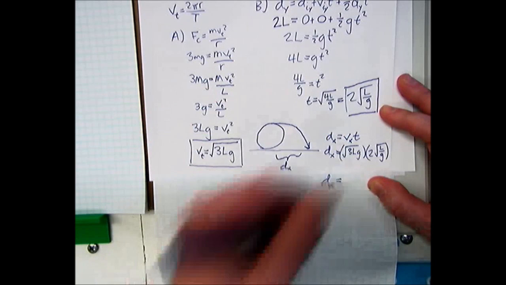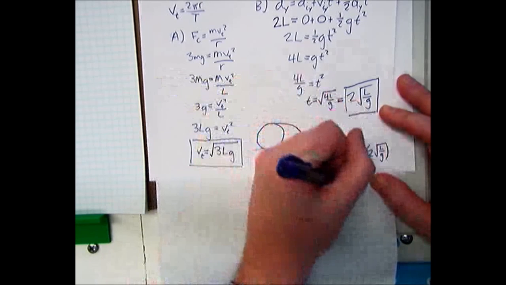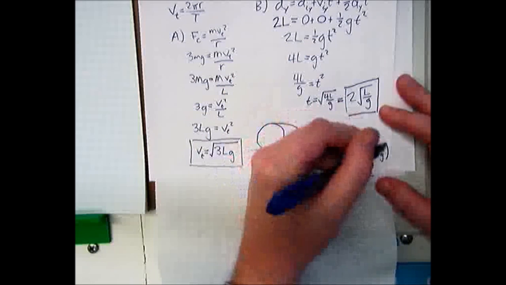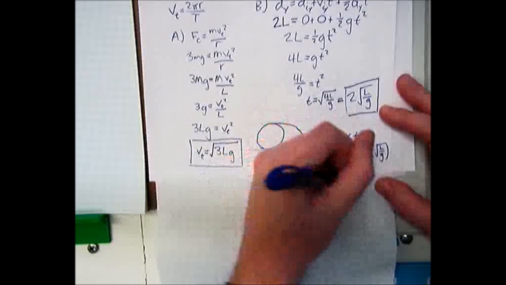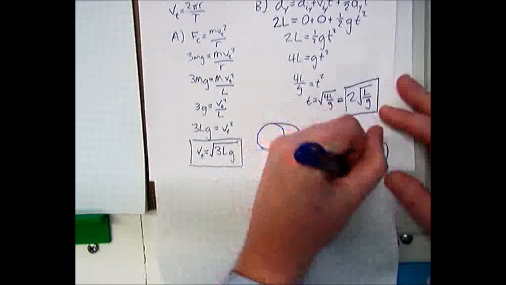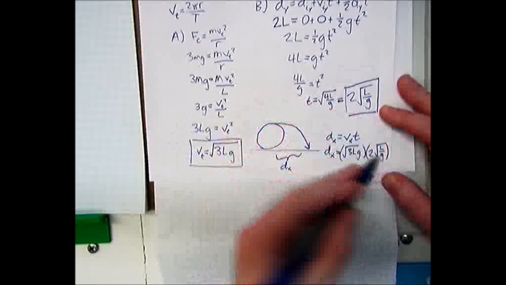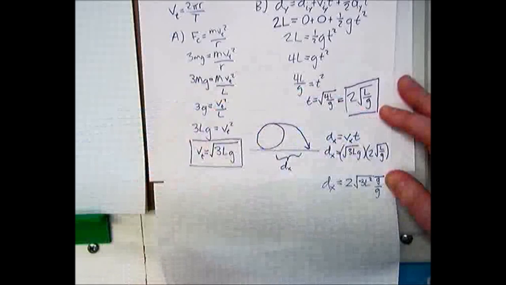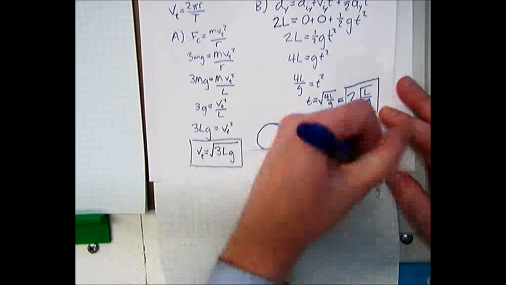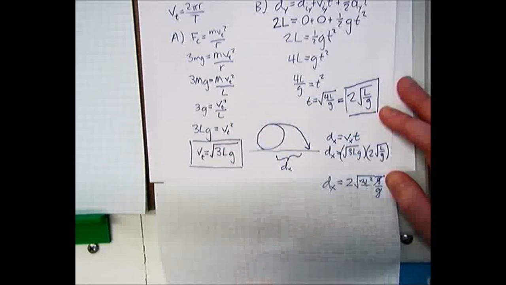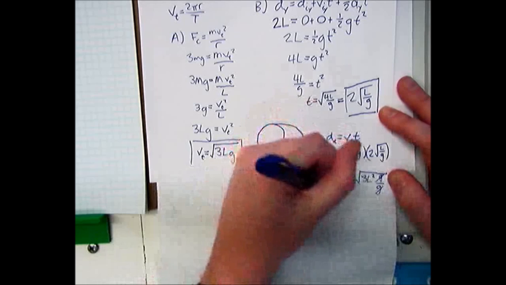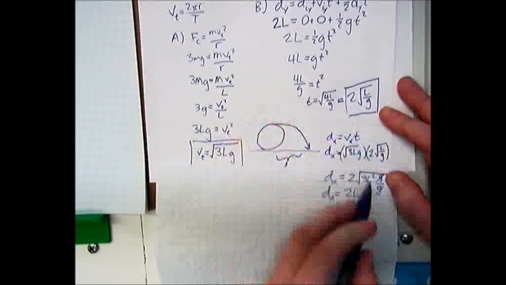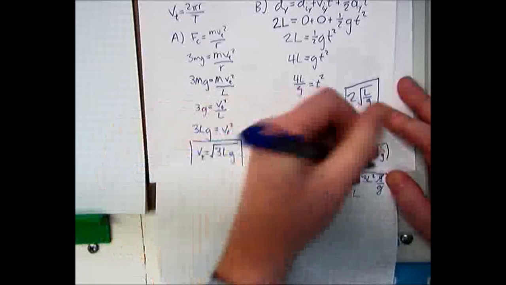So then dx is equal to, the 2 goes out in front, and then we'll multiply the radicals together. The 3 goes first, but then L times L, you get L squared. And then g over g, wasn't that interesting? Those are going to end up canceling out. Our g's cancel out, and then you have an L squared inside the radical, so that becomes L. All you're left with is dx is 2L, and then the only thing left inside is the 3.